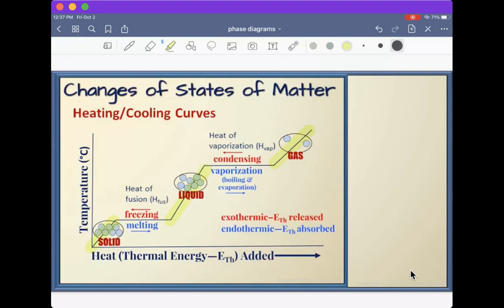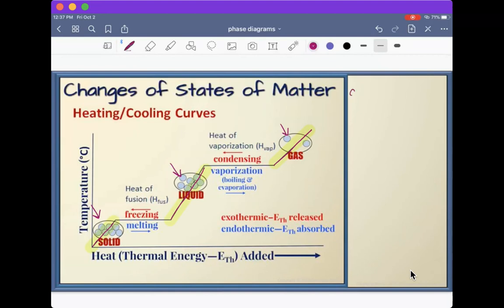When you increase the temperature at these points in the graph, the heat being added is being used to raise the temperature of the substance. So at each of these inclines, when you add heat, it is being used to raise the temperature.